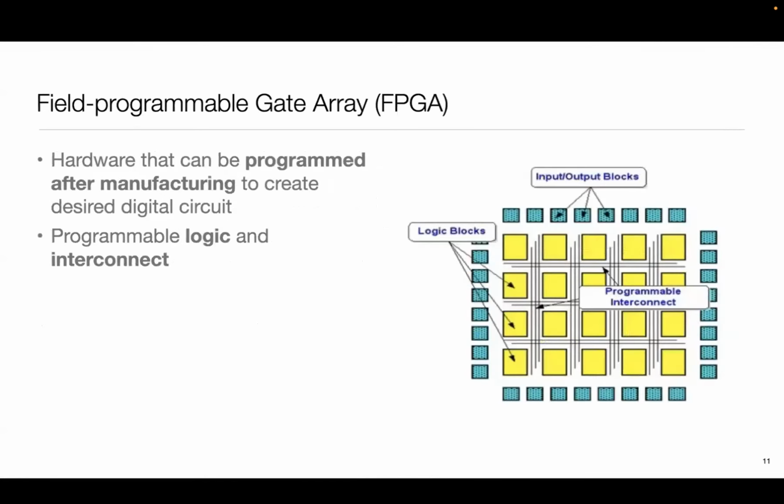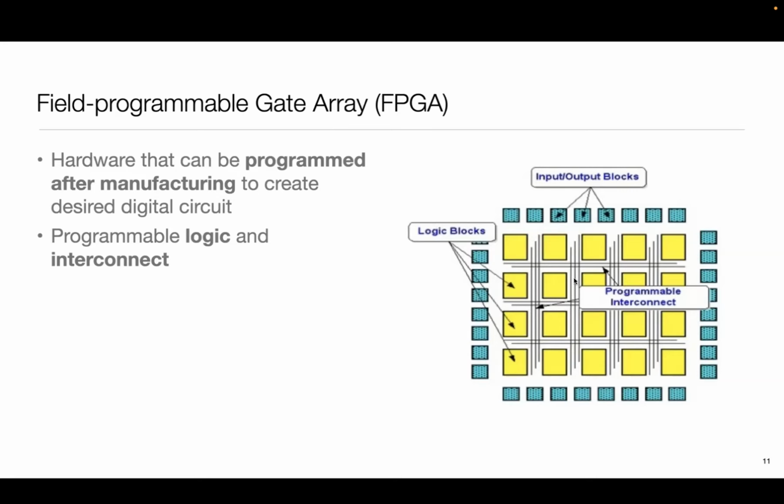Field programmable gate arrays go even further. The primitives that we have are no more just transistors or simple gates. They're actually complicated blocks, even entire processors. Field programmable gate arrays give you a collection of these, and they give you some interconnect where the wiring is also done.